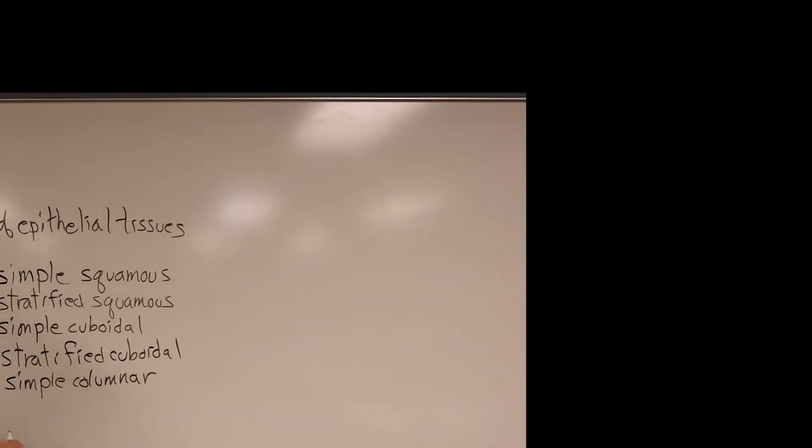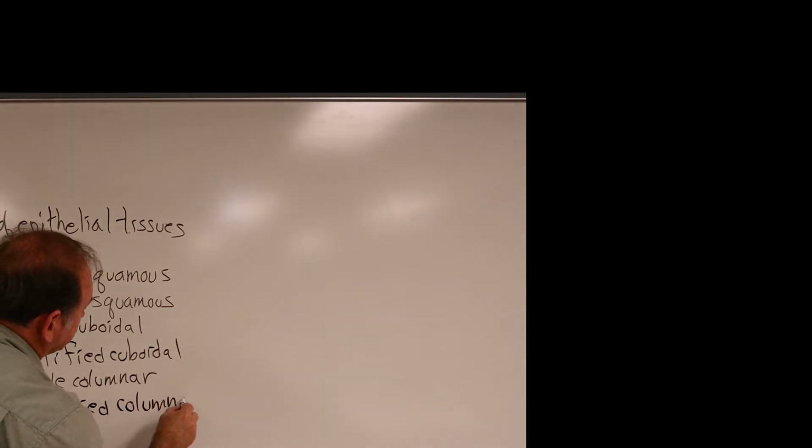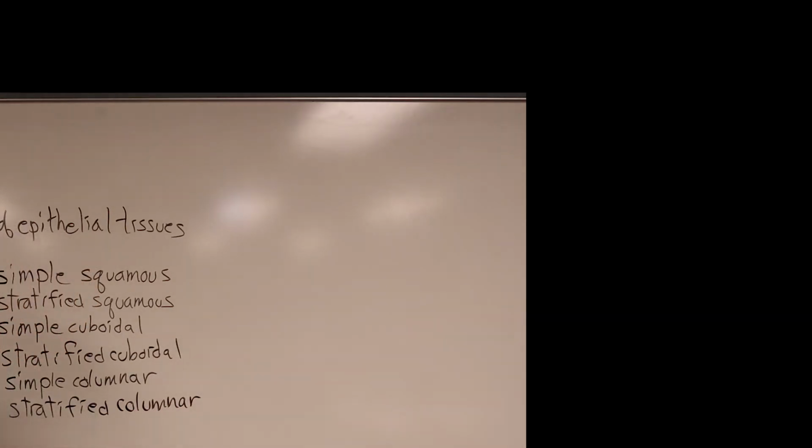It's very rare to see a stratified columnar epithelium like it was for stratified cuboidal. About the only place you find those is in your largest salivary ducts, which have a stratified columnar epithelium.